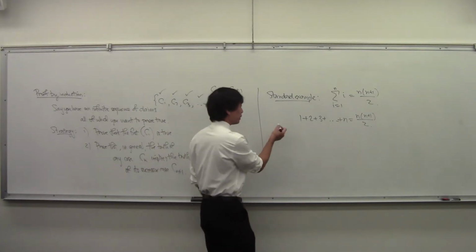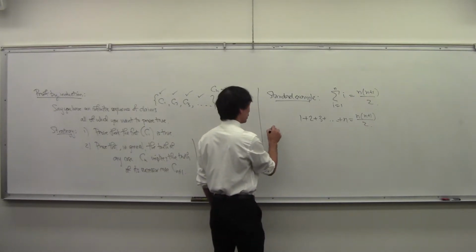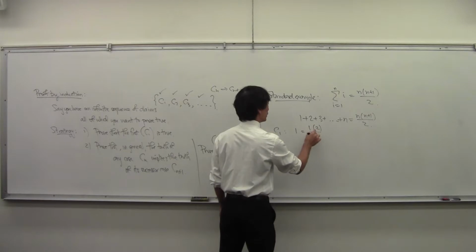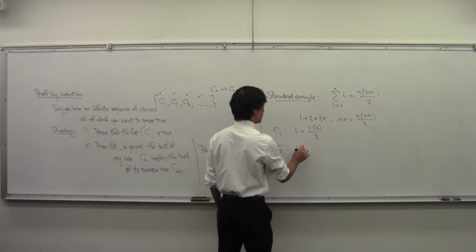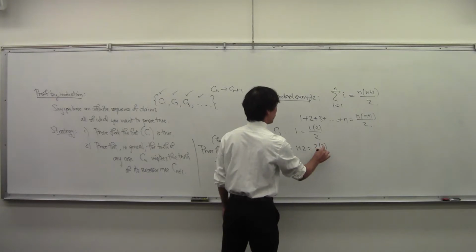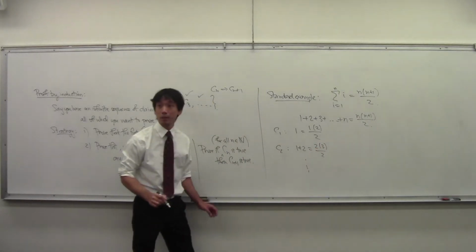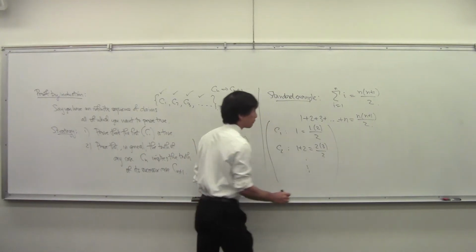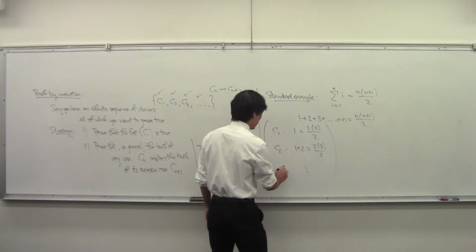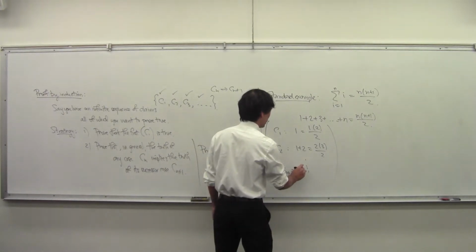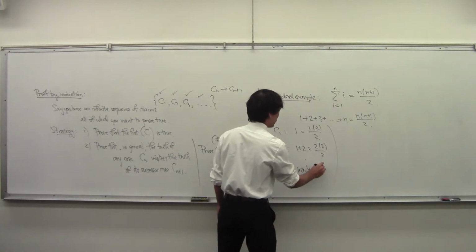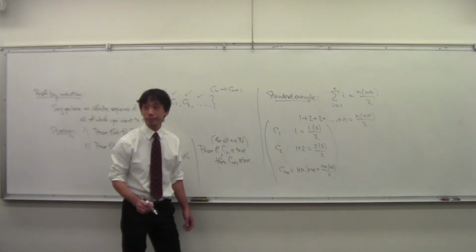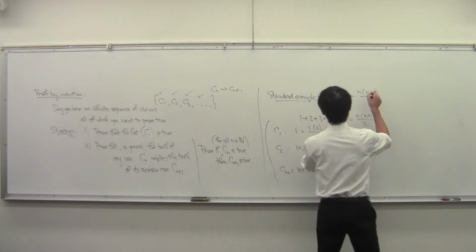So claim 1 would be that 1 equals 1 times 2 over 2. Claim 2 would be that 1 plus 2 is 2 times 3 over 2, and so on and so forth. Or claim 100 is that 1 plus 2 plus and so on up to 100 is 100 times 101 over 2. So what we have here is claim n.